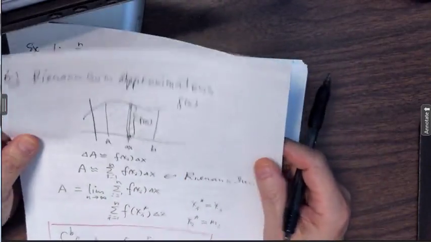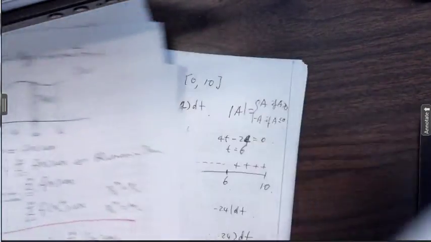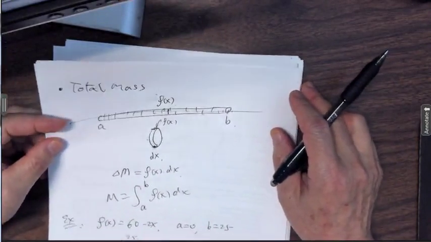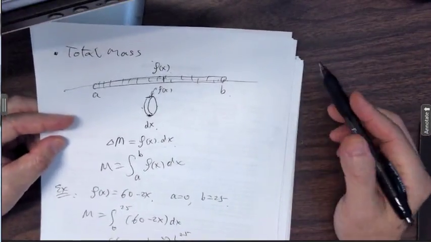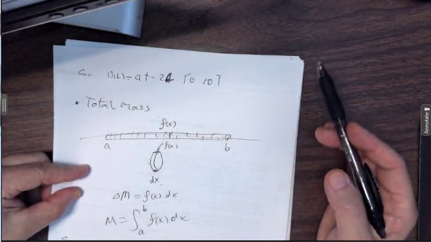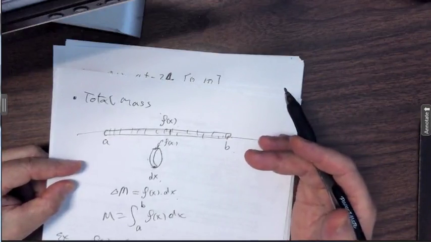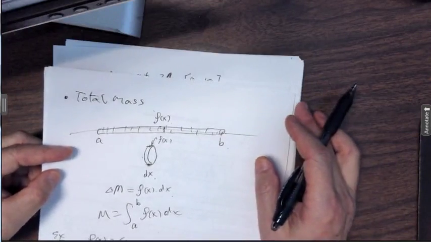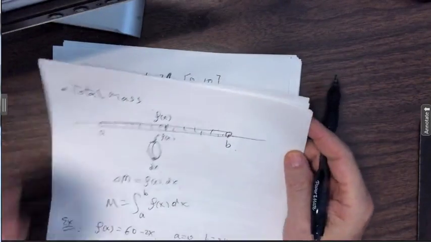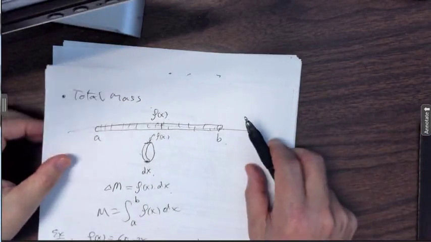Also, we discussed two situations where, when we try to set up a mathematical model, we end up with a definite integral. One was total mass, applying the same ideas. We come up with the definite integral expression. So we slice something. Originally, we were considering area computation, so we were slicing a region.